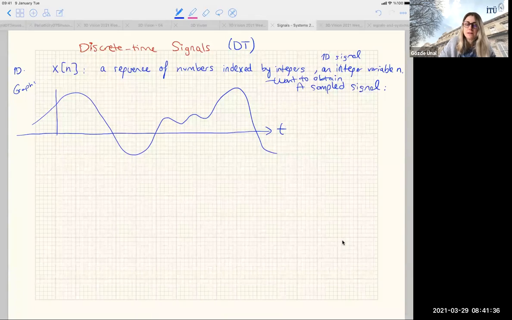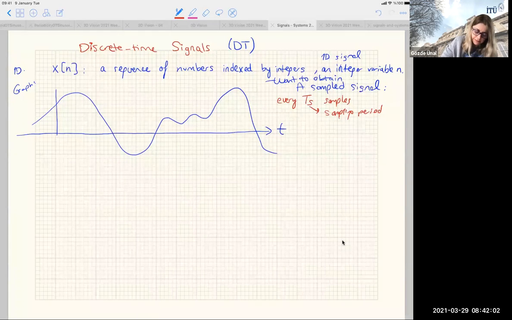Sampling is really taking samples at fixed intervals. You take every Ts seconds; Ts is my sampling period.